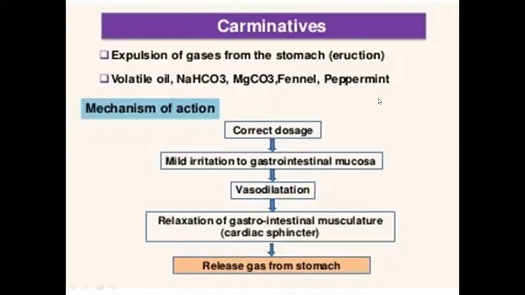Some volatile oils obtained from cinnamon, cardamom, fennel, coriander, clove; all these drugs contain volatile oils. Then sodium bicarbonate, magnesium carbonate, peppermint also act as carminatives. So the main role of a carminative is expulsion of gases from the stomach.